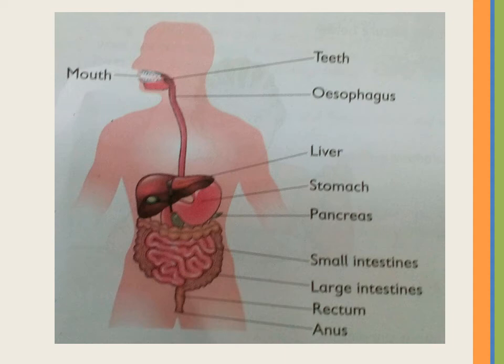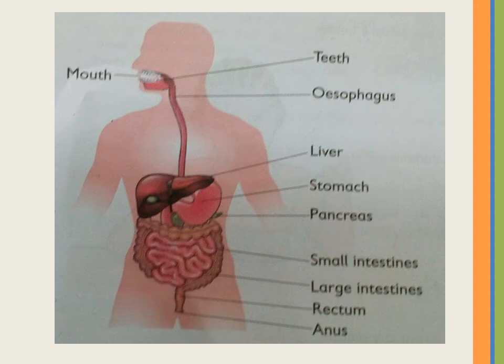Pupils, what are the functions of the small intestine? Another name for the small intestine is the ileum. The small intestine looks like a long and coiled tube from the stomach.